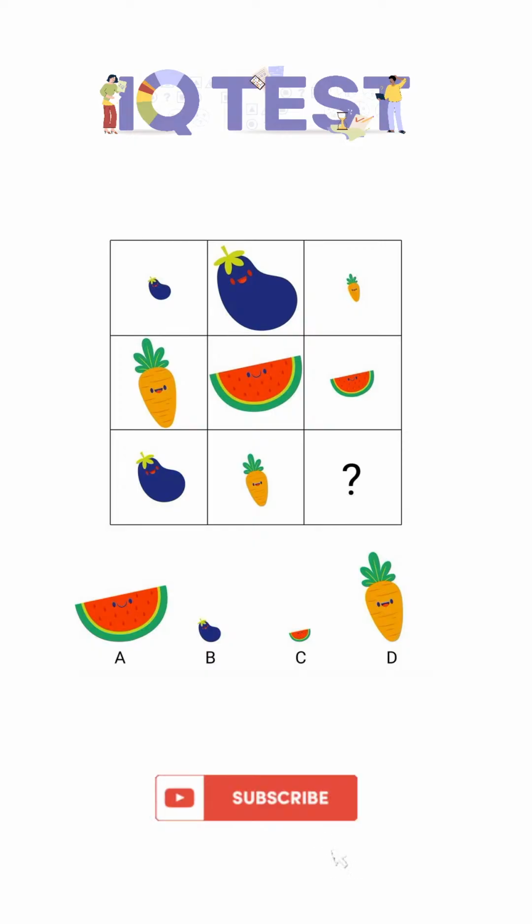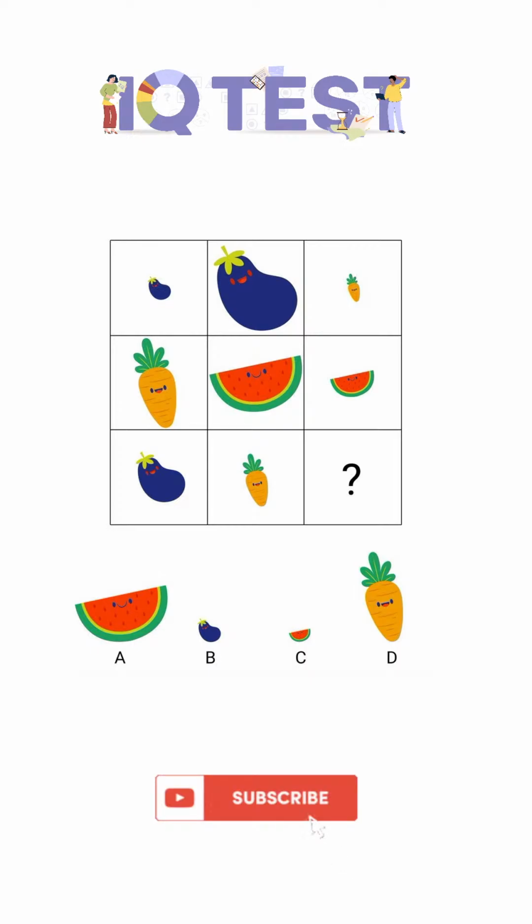Who thinks the answer is the big watermelon, A? Who thinks the answer is the small garden egg, option B? Who thinks the answer is option C, the small watermelon? And who thinks the answer is D, the big carrot?